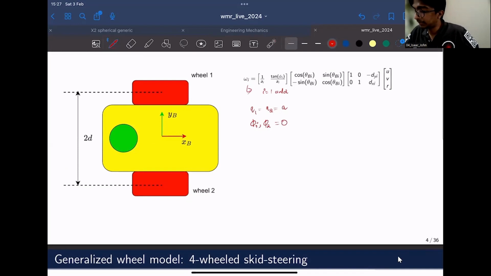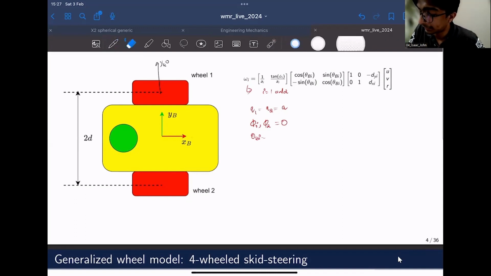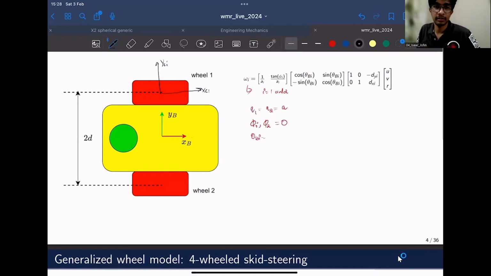And theta bi is how the wheels are oriented with respect to the XB and YB axes. Here essentially the wheel axis is always going to remain fixed. In this case, our YC1 will be like this, and XC1 would be like this.